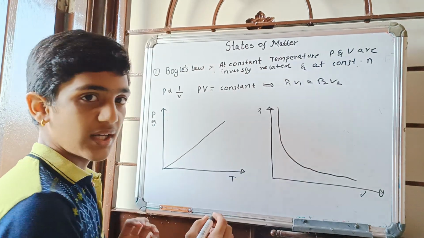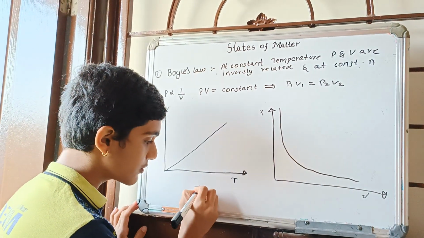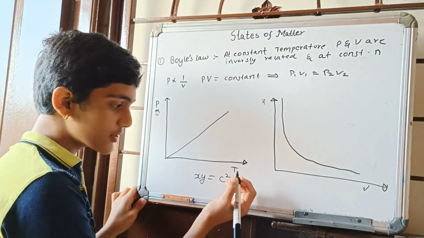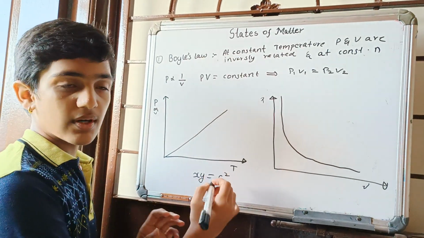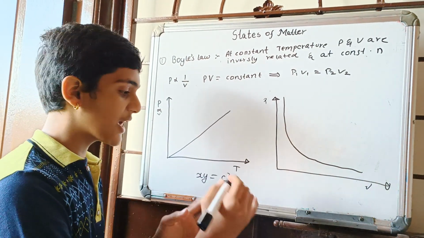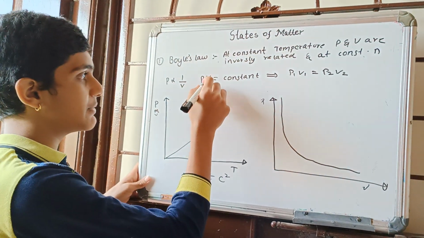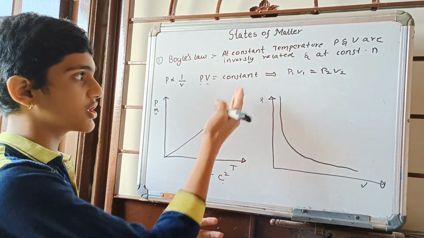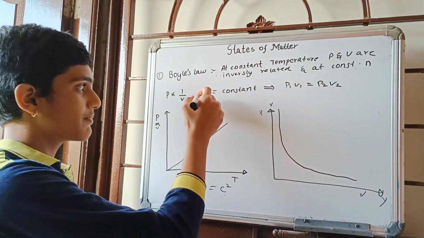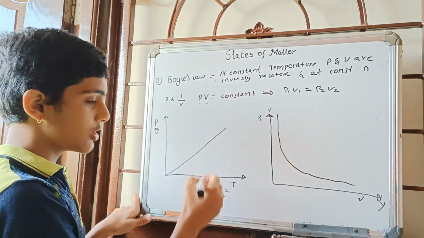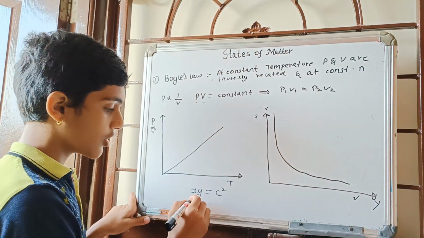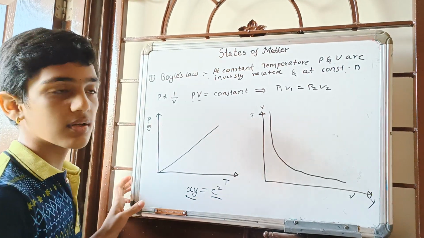Because the equation for a hyperbola is xy equals c square. xy equals c square is the equation for a rectangular hyperbola. Now here x and y are basically P and V, because c is basically a constant. Here pressure is on the x-axis and volume is on the y-axis, so PV is constant, xy is c square.